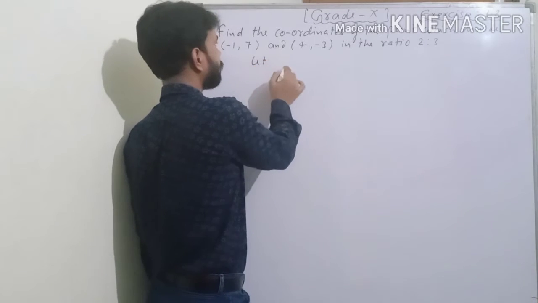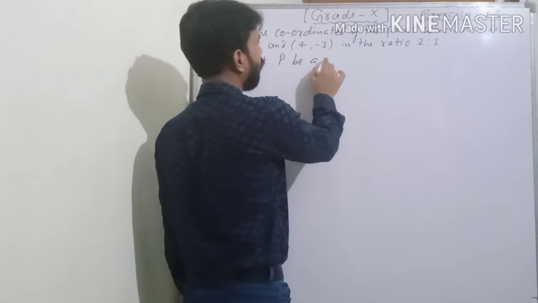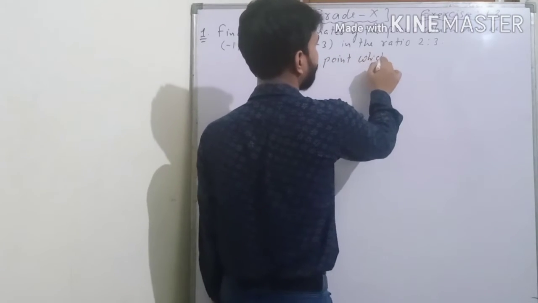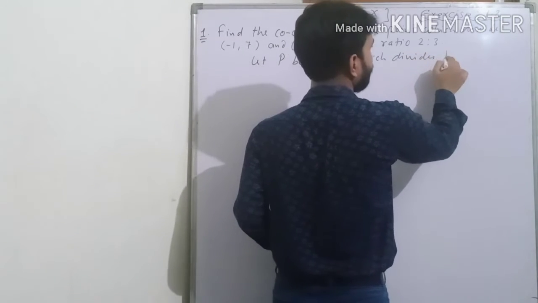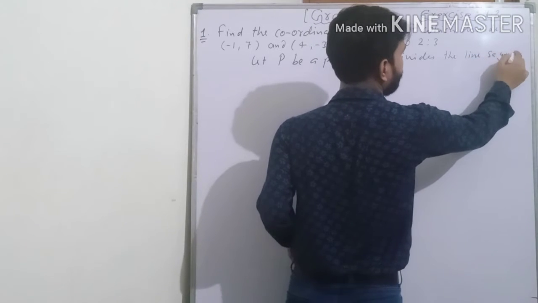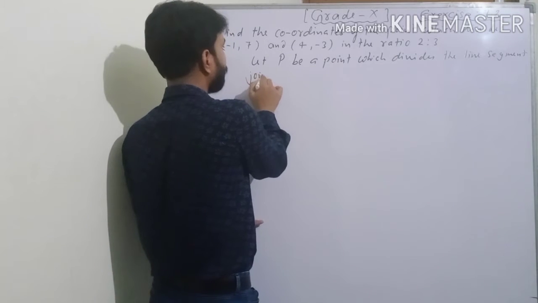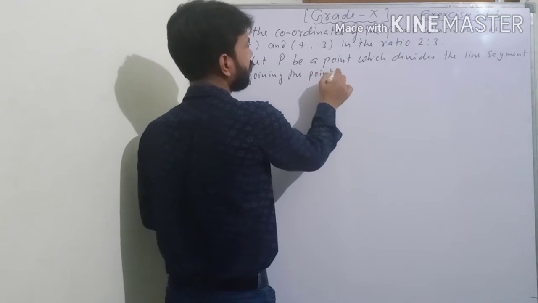Let P be a point which divides the line segment joining the points.